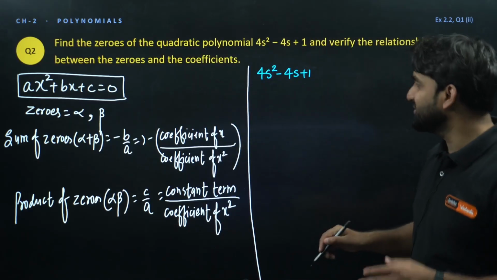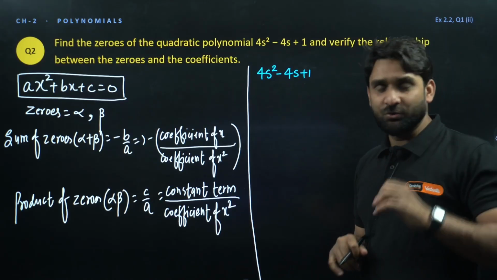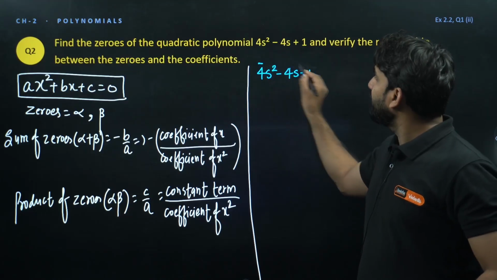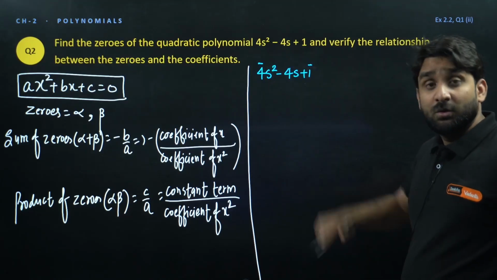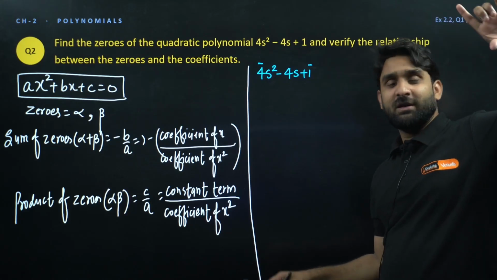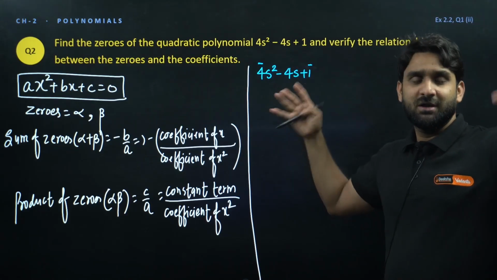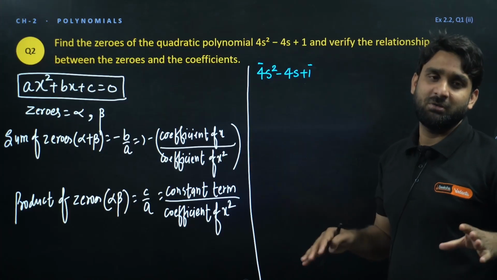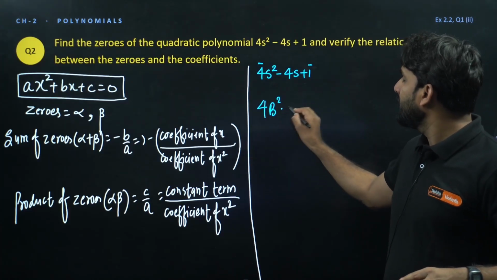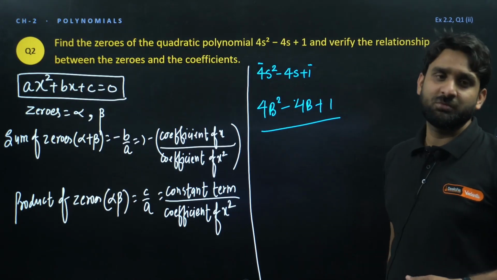How to apply it? Listen, champion, I am going to teach you how to find the zeros. Always multiply a from c, the first number by the last number. a is the coefficient of x square. Here this polynomial is in the form of s, but don't worry, it can be anything: A, B, C, D, F, whatever. I can also write 4 Bangalore square minus 4 Bangalore plus 1. Yes, this will also be a quadratic polynomial.